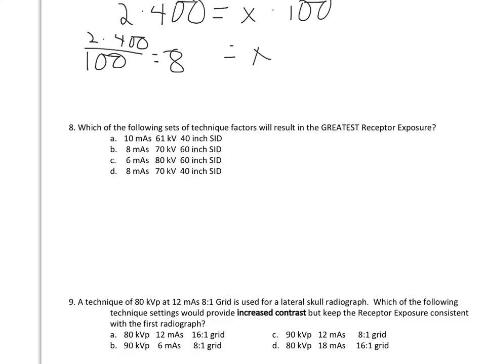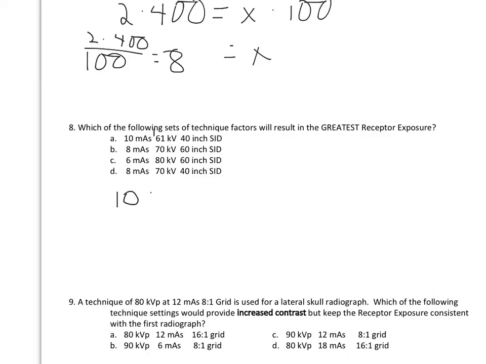Number 8 says, which of the following sets of technique factors would result in the greatest receptor exposure? And so if we look at these, we can multiply each of these out using the equation again. So 10 mAs times 61, we'll have to set a kV factor for these. So the 61 kV factor would be 1.